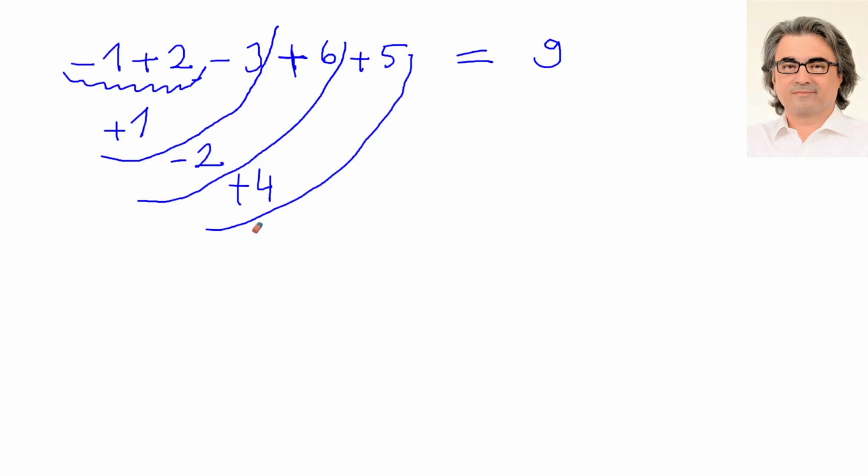Of course, these questions can be solved from different perspectives. I'll show these with examples later on. But first, let's get used to solving this way. Okay.